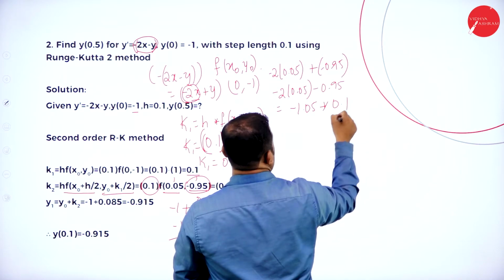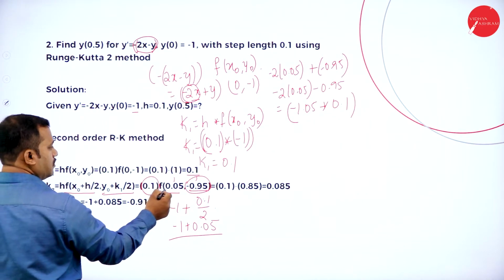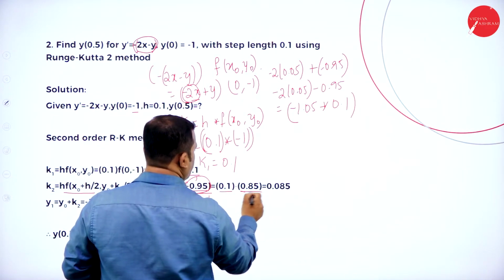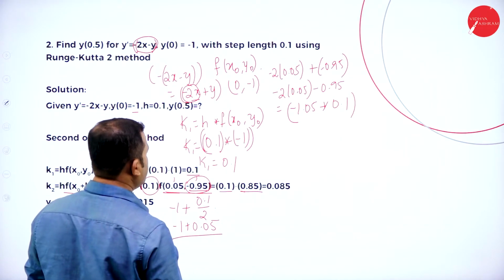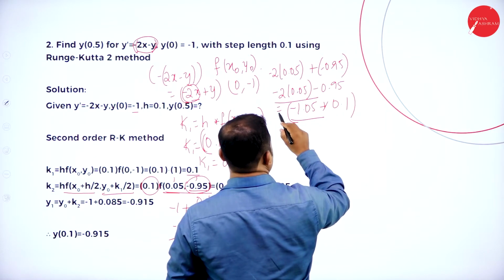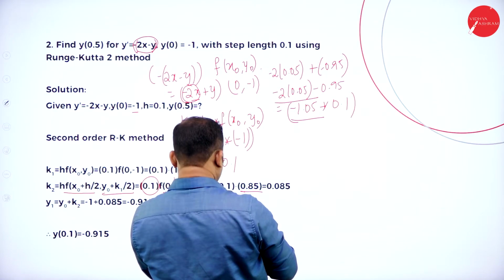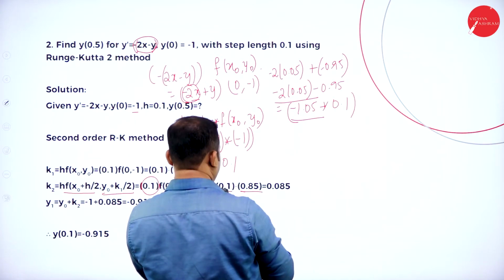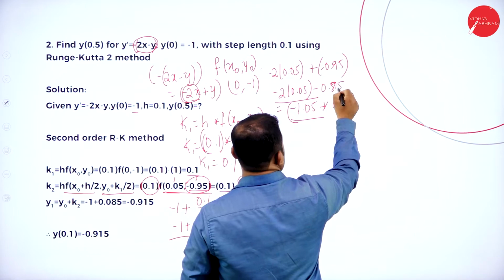Into 0.1. That is the value of h. h into this term. This term is what? 0.1 into 0.85. That leads to a value which is equal to minus 1.05. 2 into this term leads to, let me do this calculation, minus 2 into 0.05, which is equal to minus 0.1, which is equal to 0.85.